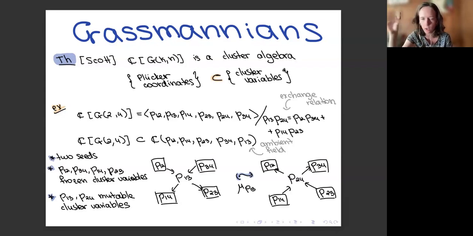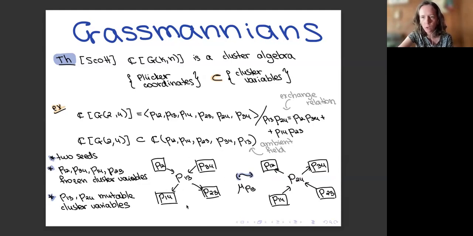Okay, so in our example from before, I'm just going to tell you what the cluster structure is, and then we're actually going to talk about how one would find it, but just since we talked about the 2, 4 before. So this GR 2, 4 example actually has the following structure. It has 2 seeds, and this is a quiver for one seed, and this is the quiver for another seed, meaning that I have 5 vertices, 5 cluster variables in my initial seed, and this is the relation between them.